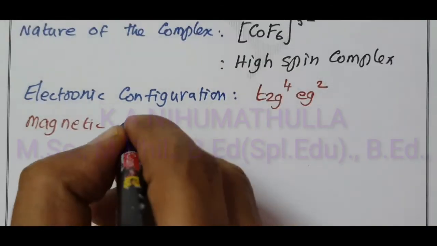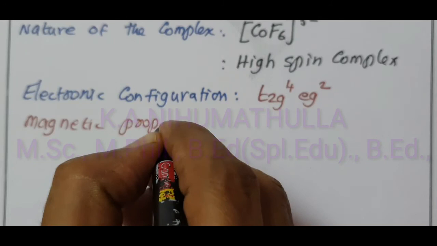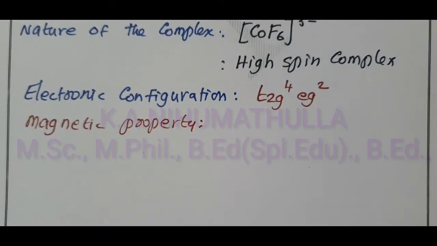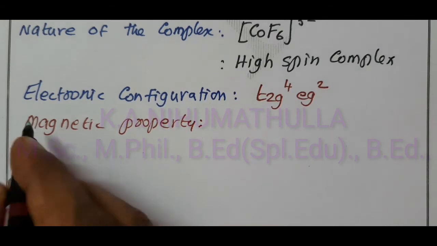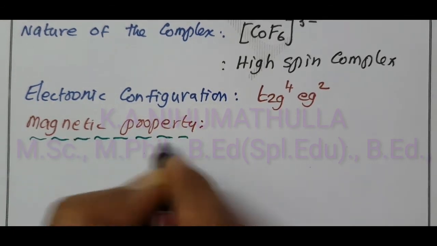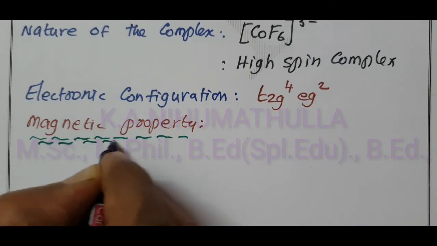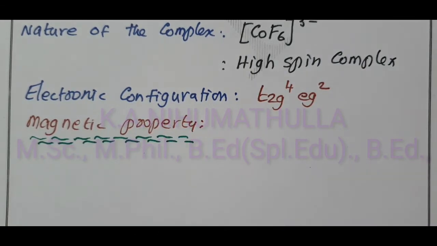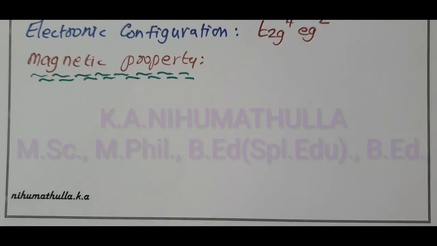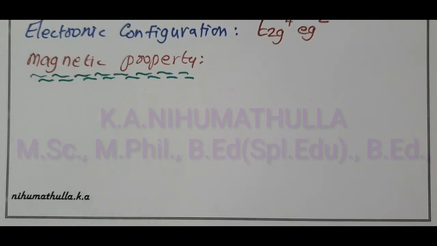We have to calculate number of unpaired electrons. From that we have to write whether it is diamagnetic or paramagnetic complexes. After using the number of unpaired electrons, we have to calculate the magnetic moment.